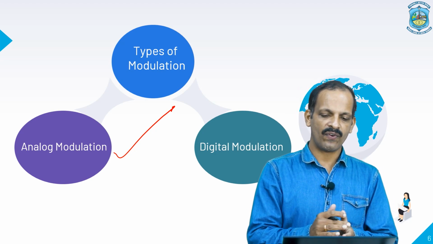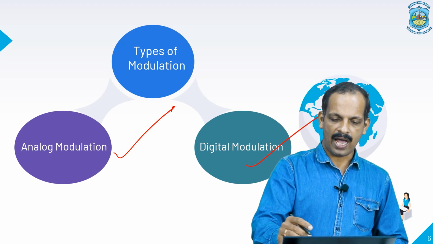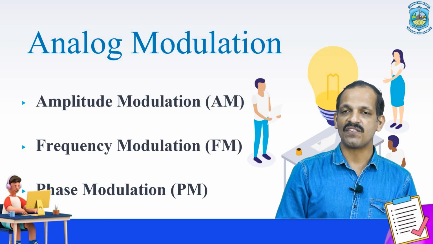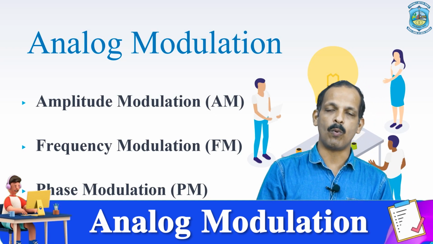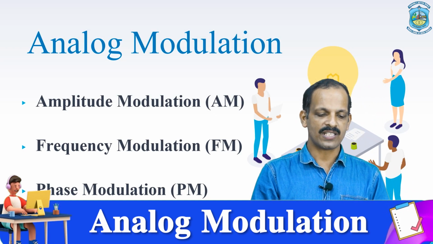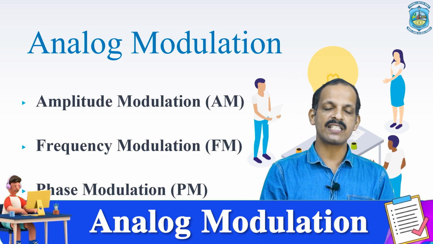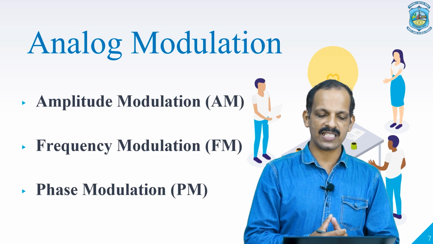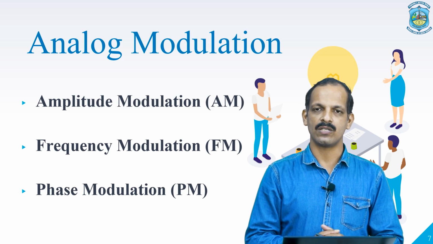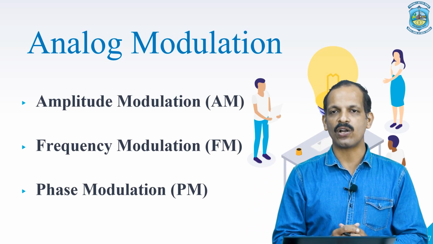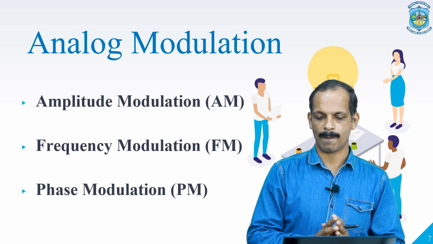In the case of analog signals, the different types of analog modulation are: first, amplitude modulation, second, frequency modulation, and third, phase modulation. So there are three types of analog modulation methods.